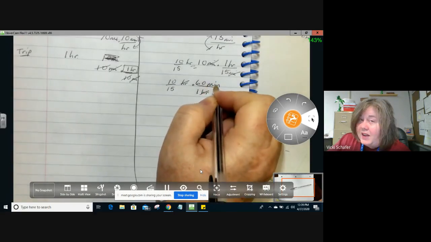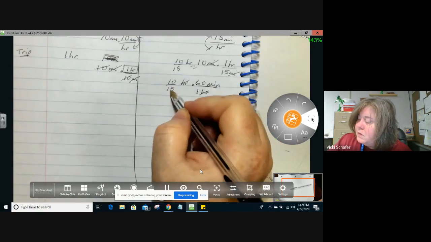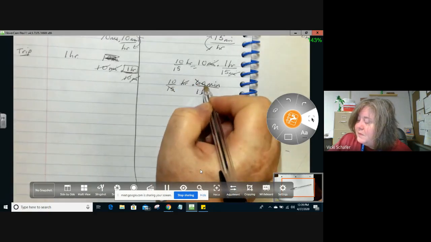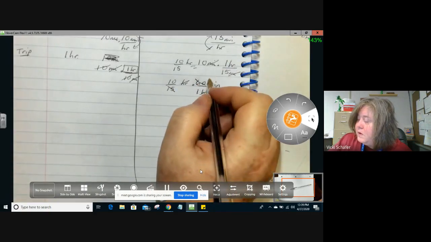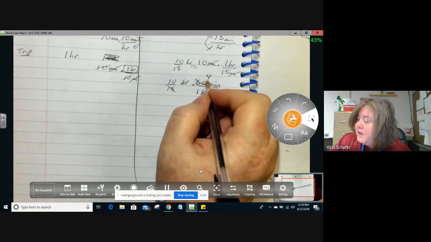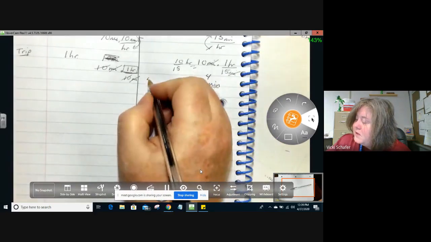Minutes can't cancel and that's what we wanted. We wanted to have minutes left over. So we want to look at 15 will go into 60. It will go 4 times. And then all we have to do is take our 4 times our 10, and we get 40 minutes.